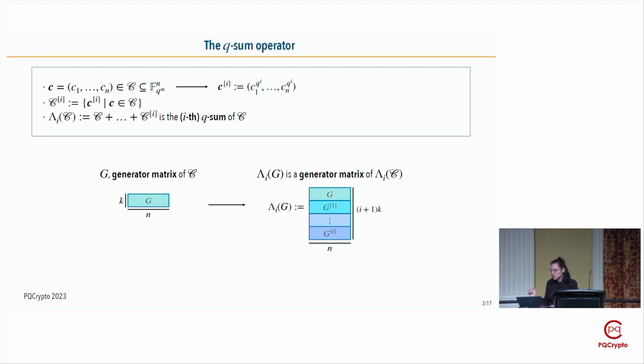And the q-sum operator is just the sum of all these codes that we get. So if G is a generator matrix of our code C, then we denote Λ_i(G) a generator matrix of the q-sum operator applied to the code C, which is just obtained by considering all the generator matrices of all the codes that we get by raising to the power q^i.